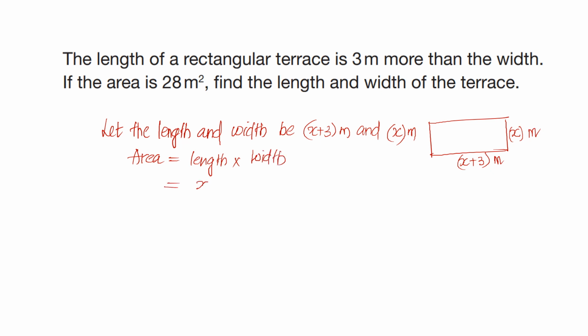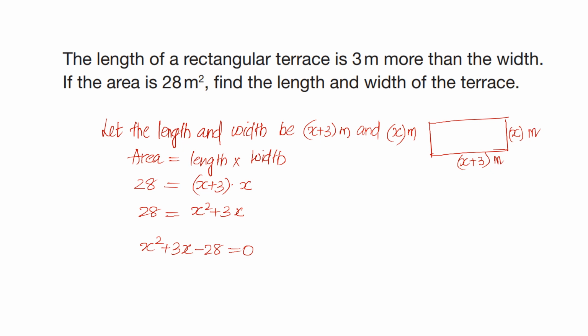So length is x plus 3 and width is x, and this is given as 28. If we expand it, 28 is equal to x square plus 3x. So the general form of the quadratic equation will be x square plus 3x minus 28 is equal to 0.